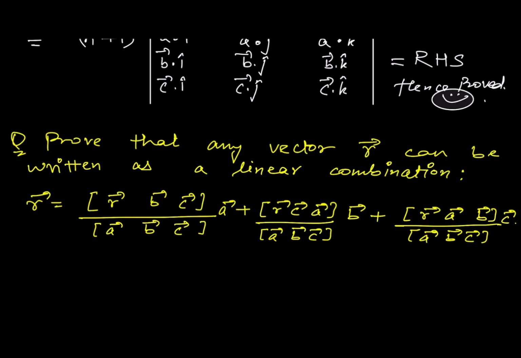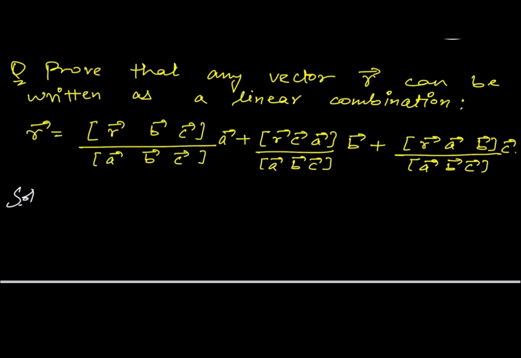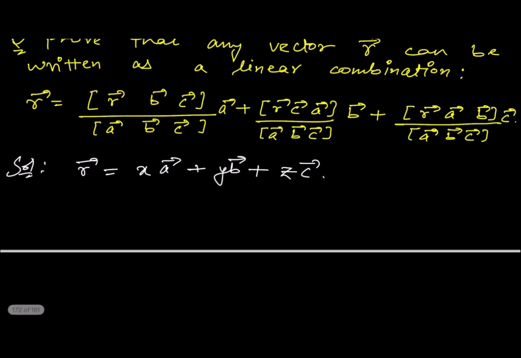So here there are four vectors basically: R vector, A vector, B vector, and C vector. Right? R vector is equal to x times A vector plus y times B vector plus z times C vector. Okay, because these four vectors are in space.